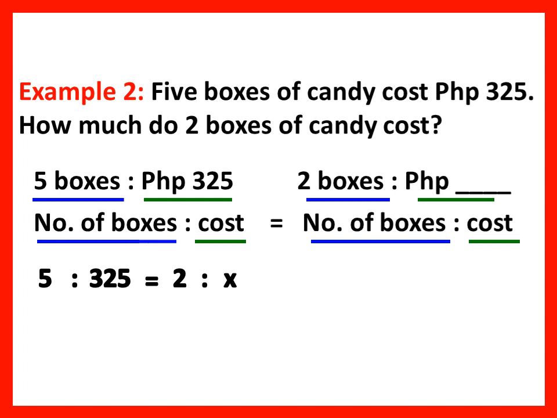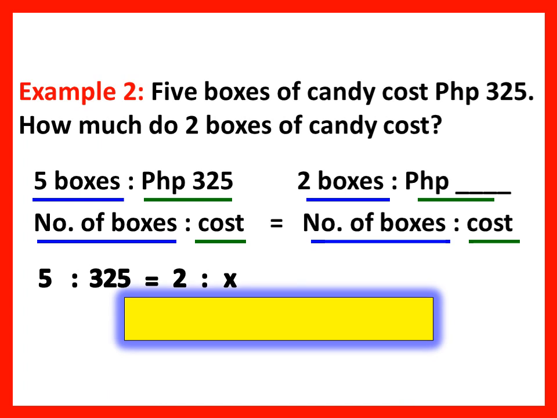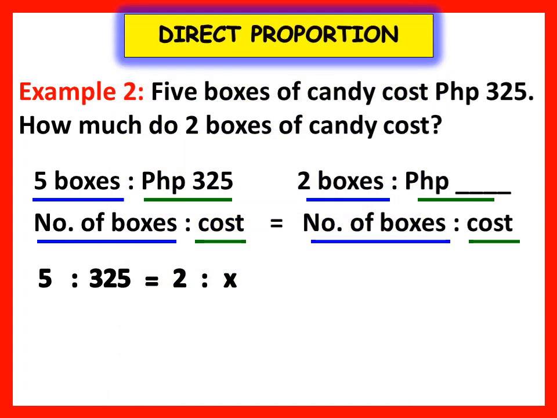So let us solve. By the way, since the two variables are decreasing, it is direct proportion. So once again, let us solve for the value of x. Multiply the means, it's 650. Multiply the extremes, 5 times x is 5x.